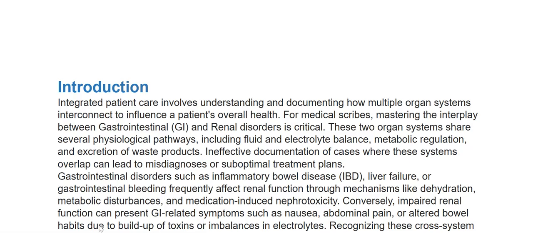Conversely, impaired renal function can present GI-related symptoms such as nausea, abdominal pain, or altered bowel habits due to build-up of toxins or imbalances in electrolytes. Recognizing these cross-system impacts is essential for holistic patient care.